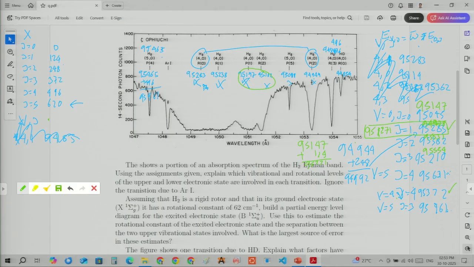So I'll move on for this because the next bit, so basically you should get a set of energy levels out of here. We've got them, they're not all right and they're going to be noisy anyway because it's not an accurate measurement. But we've got j equals 0 at 95147, and we've got j equals 1 at 95280 roughly.